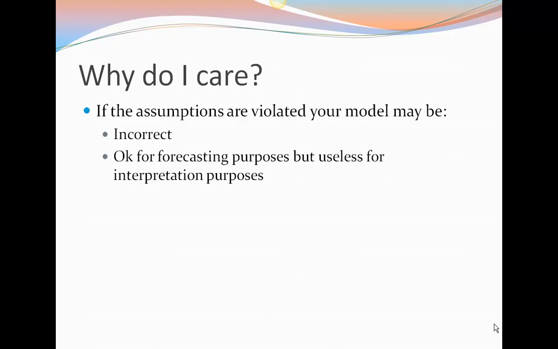Meaning I may be able to use it to make a prediction, to actually predict y, if I violate one or more of these assumptions, but I wouldn't be able to use it for hypothesis testing purposes. I wouldn't be able to use it for the purposes of interpreting that beta. So saying for each additional unit of X, Y will increase by whatever beta is, that wouldn't really work if I have violated one or more of these assumptions.